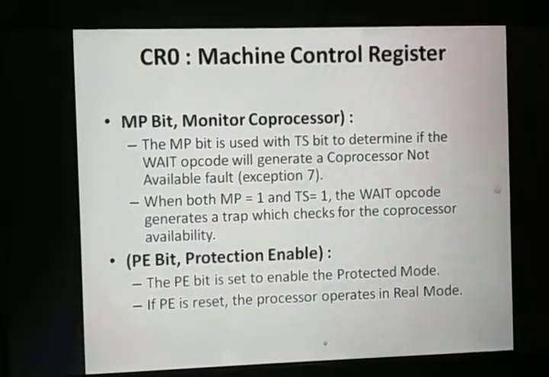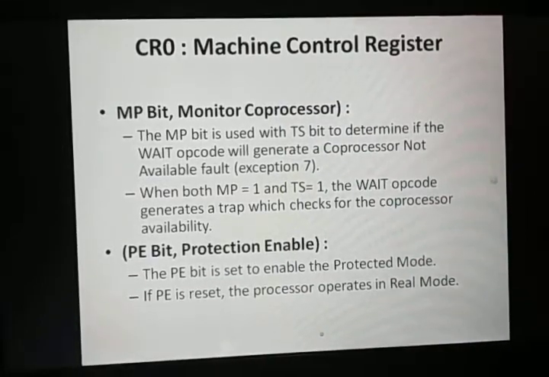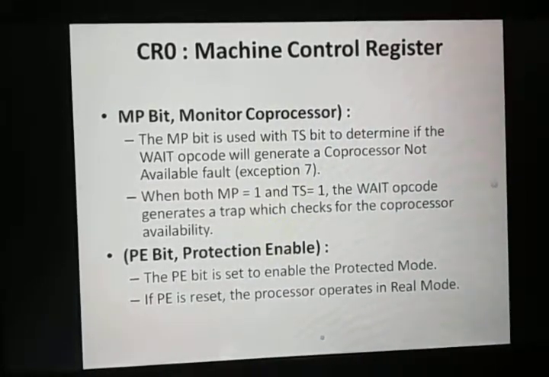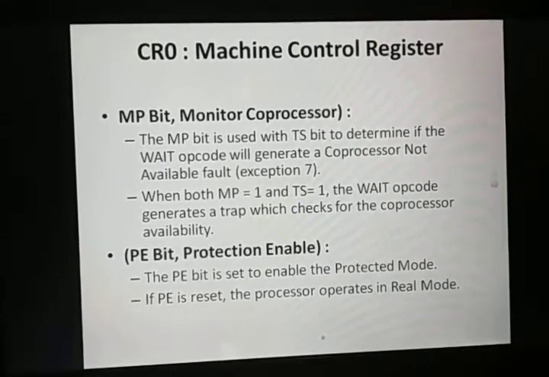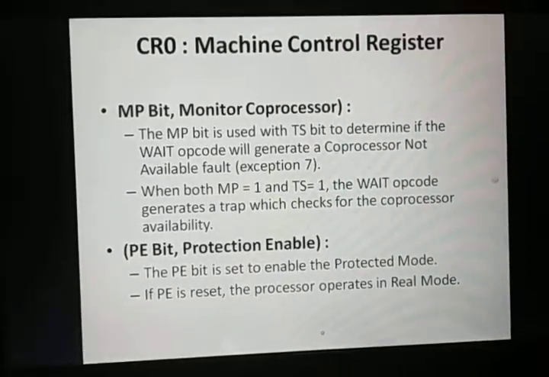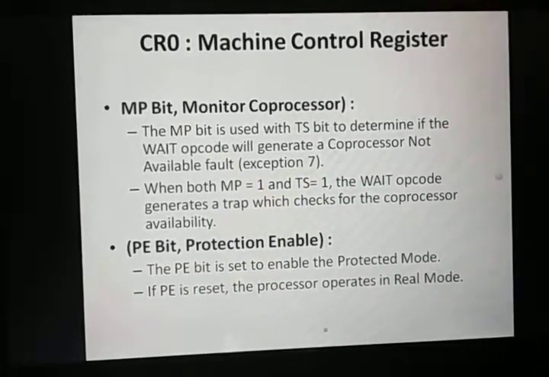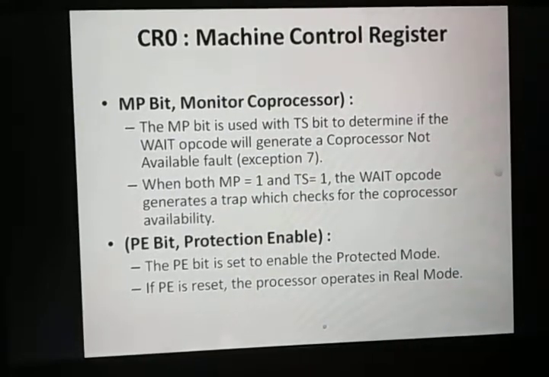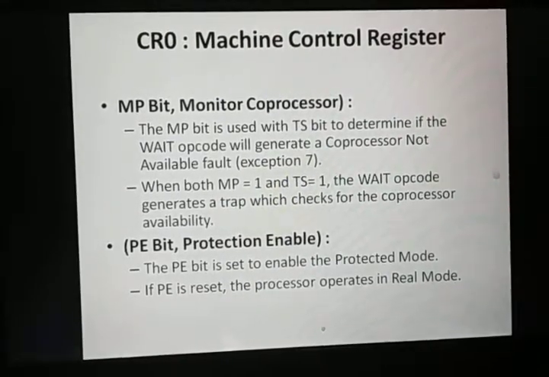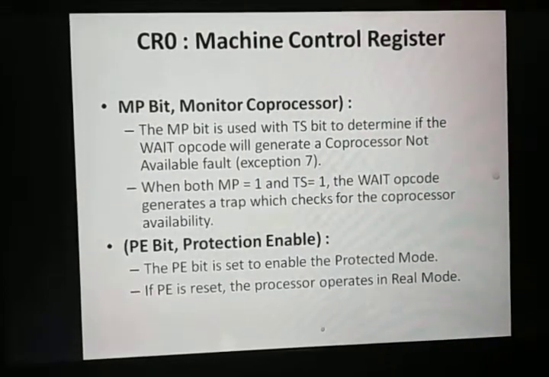MP bit, the monitor coprocessor or math coprocessor bit. The monitor coprocessor bit is used with the task switching bit to determine if the WAIT opcode will generate a coprocessor not available fault. When the MP bit is set to 1 and the task switching bit is set to 1, the WAIT opcode generates a trap which checks for coprocessor availability. So this bit also works for the availability of the coprocessor, but together with the task switching bit.